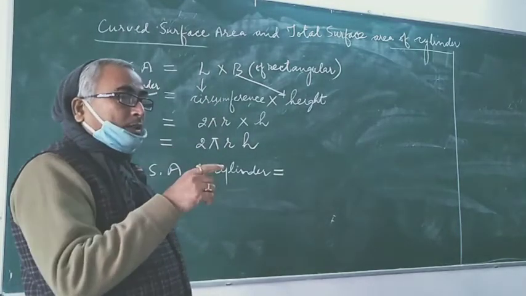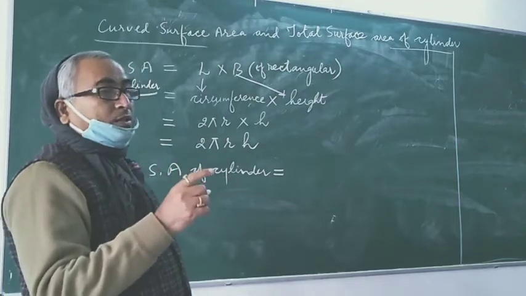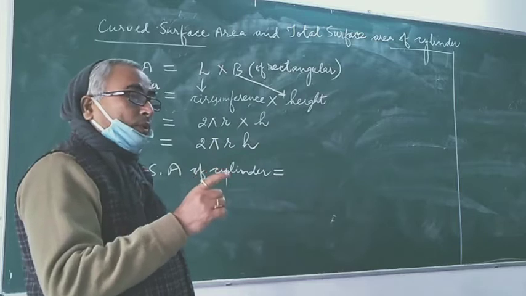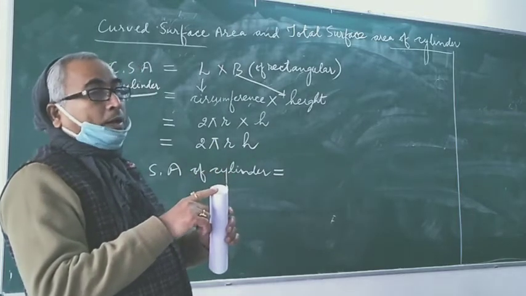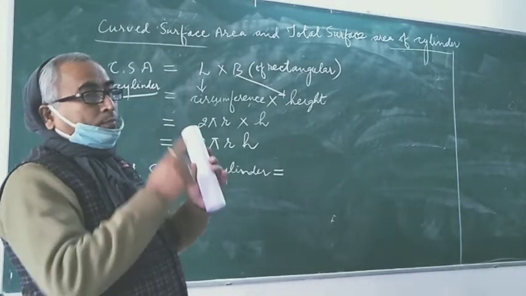It equals curved surface area plus area of top plus area of bottom. Area of top will be pi r square and area of bottom will be the same as top, pi r square.